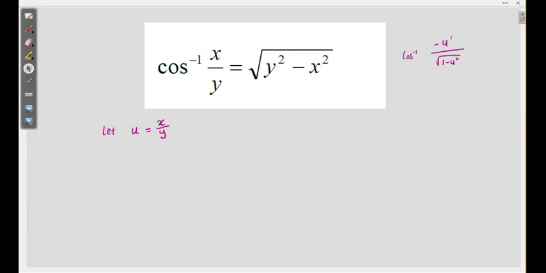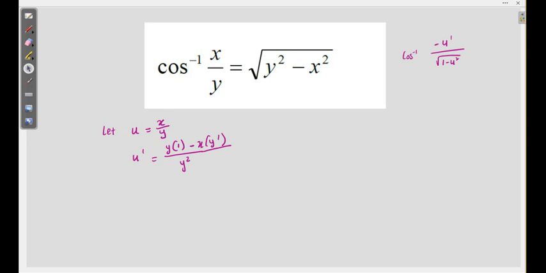Now we have x over y. The derivative of u would be, in terms of y, y squared, right? And then you take y as it is, you find the derivative of the top, then minus x times the derivative of y. Is this okay? Let me check.